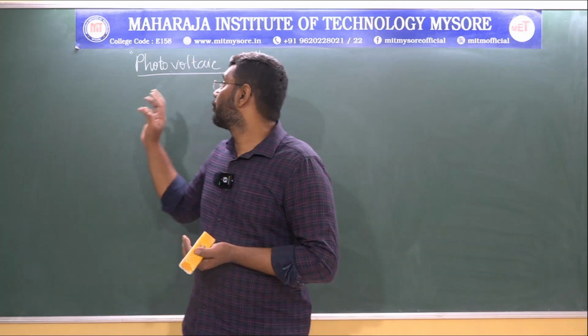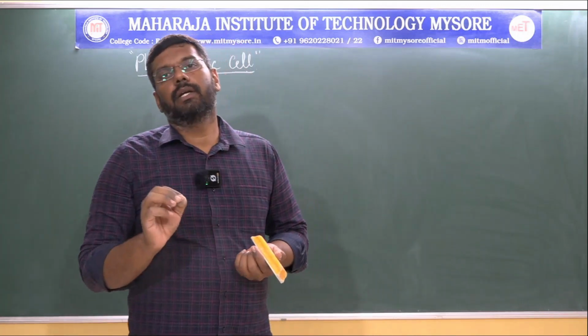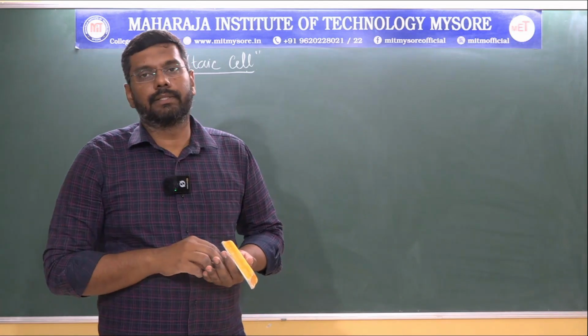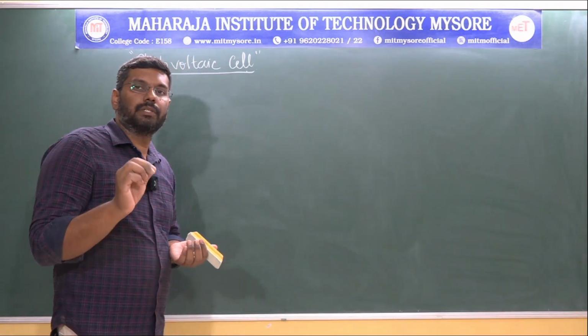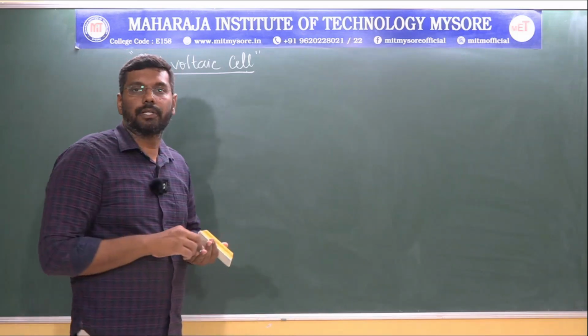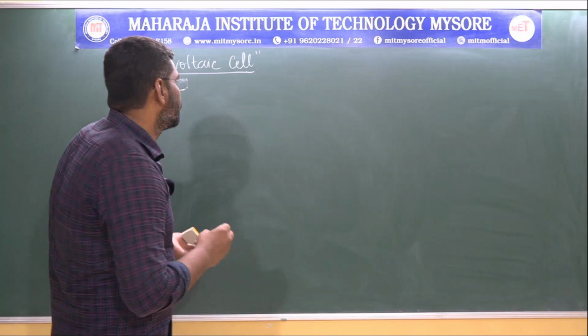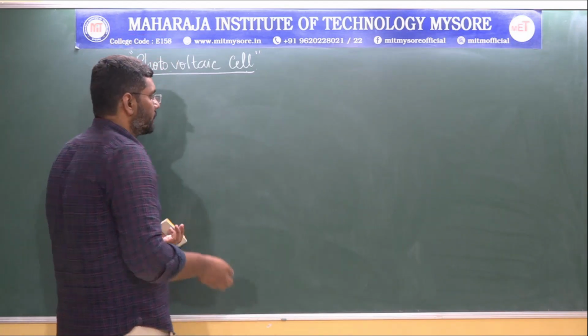Hence, in this photovoltaic cell, we are converting solar radiation into electricity. So the device which converts solar radiation into electricity is called a photovoltaic cell. Now we shall discuss the construction of this photovoltaic cell, how it is constructed.